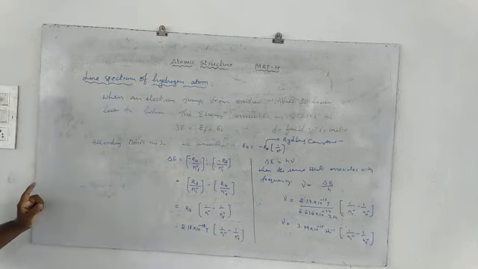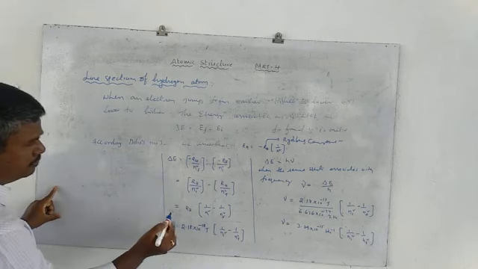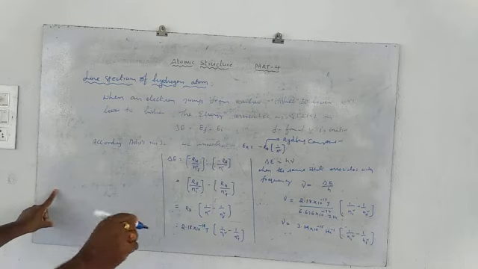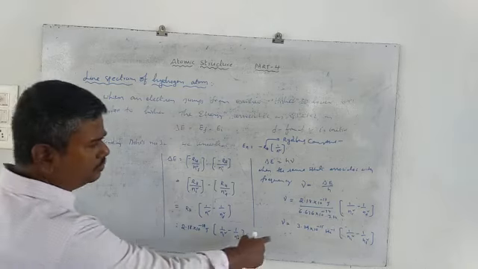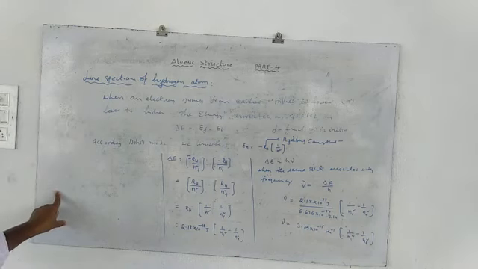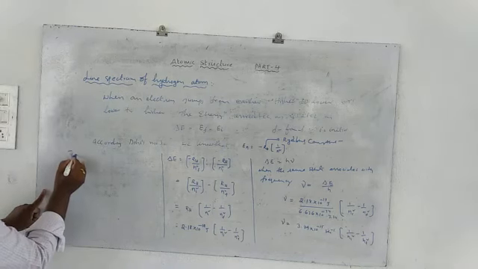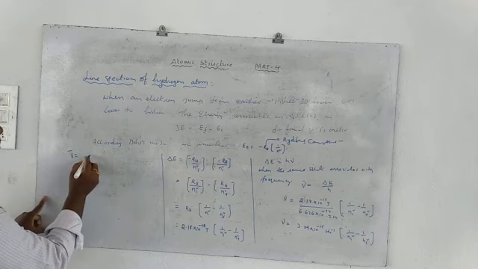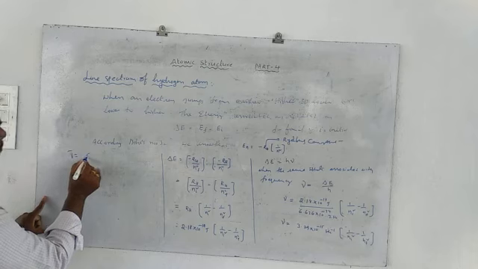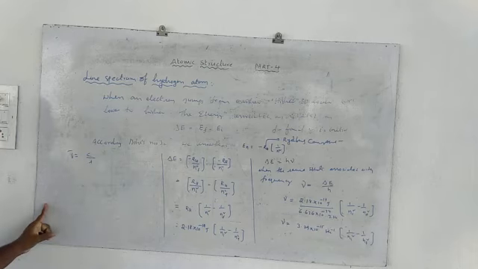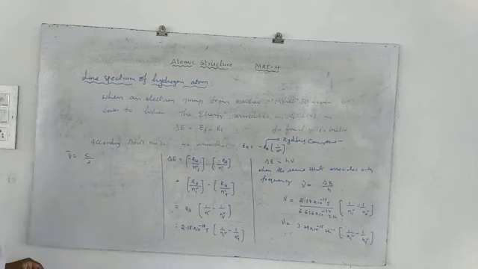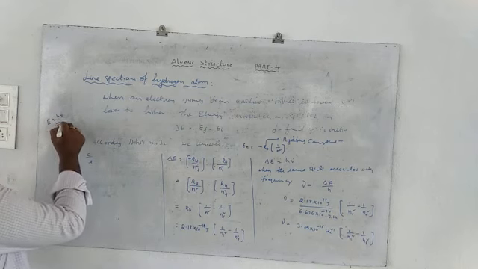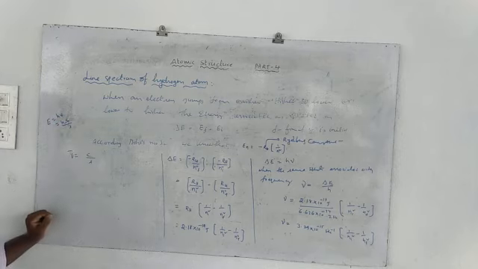Now, if you want to calculate the frequency, nu equals to this one. While you are calculating the wave number, nu bar equals to, we already know that nu bar equal to 1 by lambda, that is, nu by C. Nu bar equals 1 by lambda, that is C by lambda. That means E equal to h nu. Nothing but nu means C by lambda.